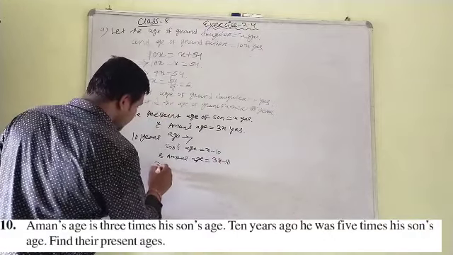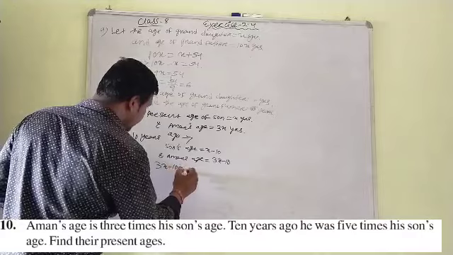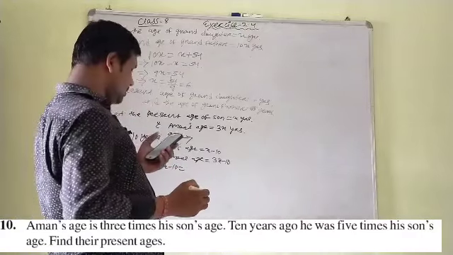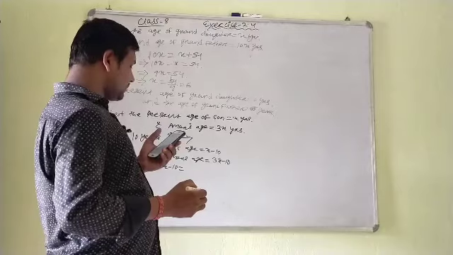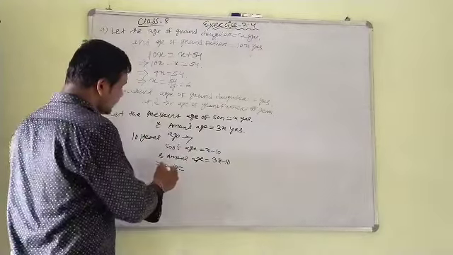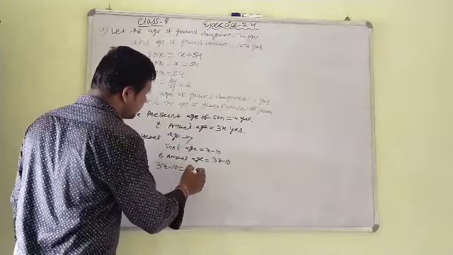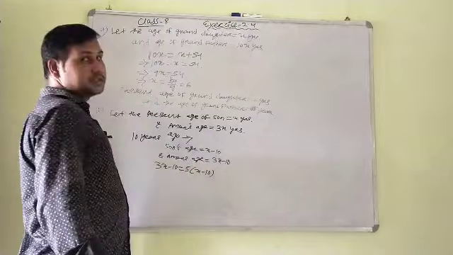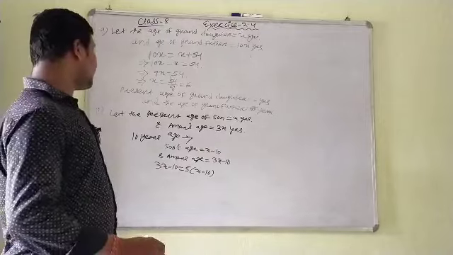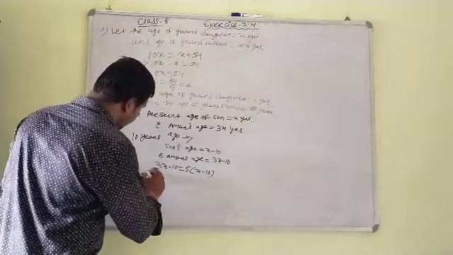Here it is given 3x minus 10 equal to 5 times the son's age, that is x minus 10. This is the relation. We will simplify to get the value of x.